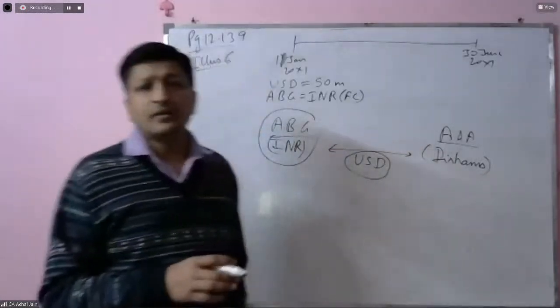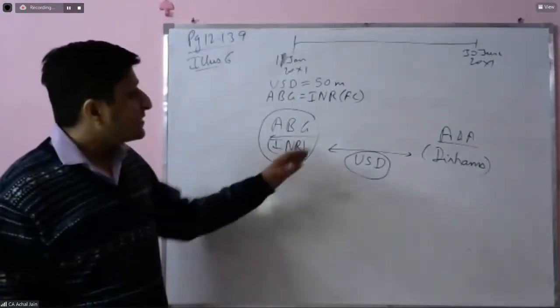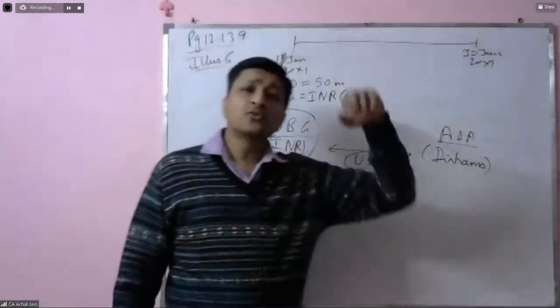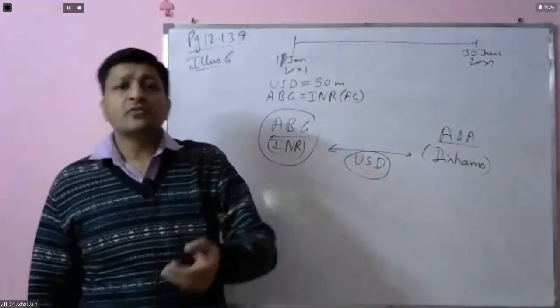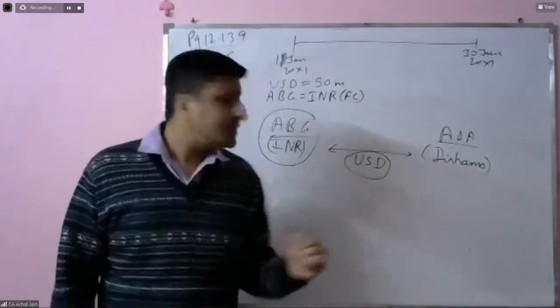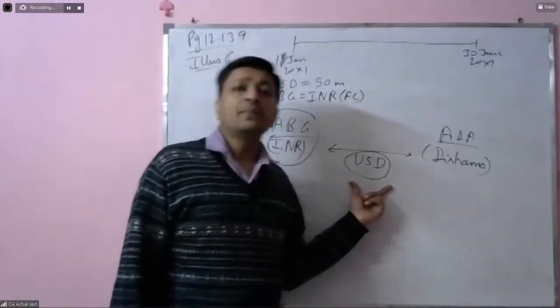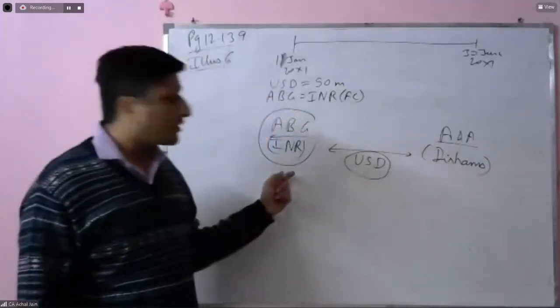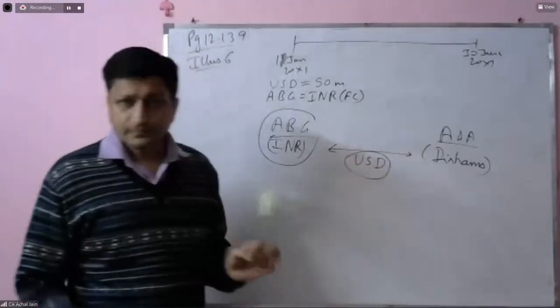Yes, it will fluctuate. But it could be that ABG was expecting dirham to fluctuate significantly, while so much fluctuation was not expected in USD. And that's why it may have entered into this contract in USD instead of dirham.